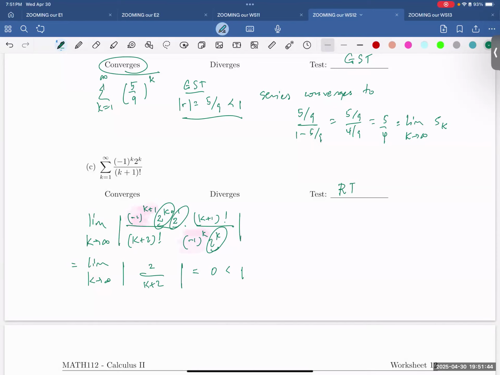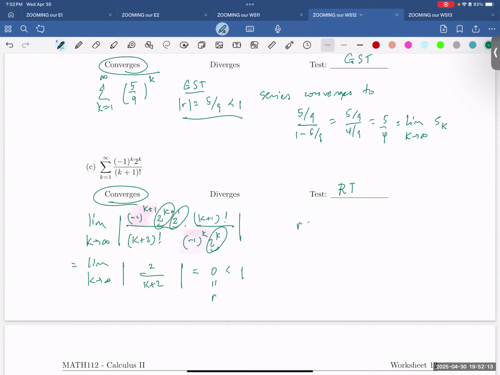So let me think here. We did the ratio test. The limit we want needs to be less than 1 for the series to converge. So this 0 is our R value for our ratio test.